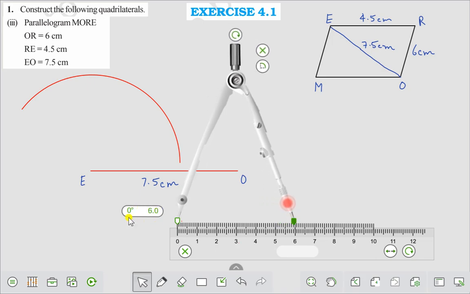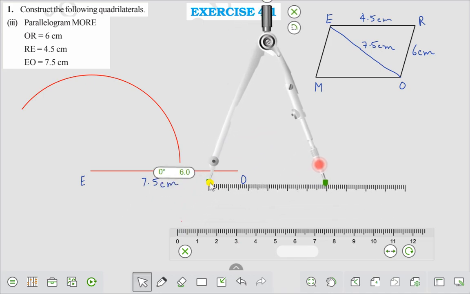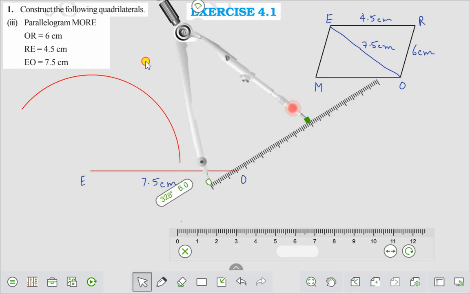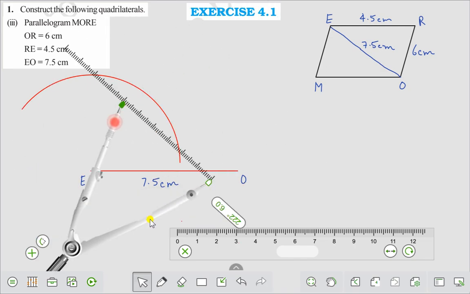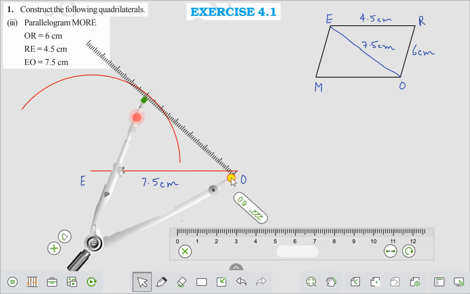Here you see this is exactly 6 cm. Taking this pointer at O, make an arc here.